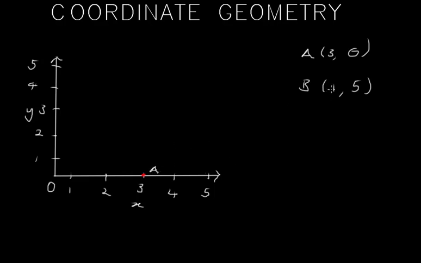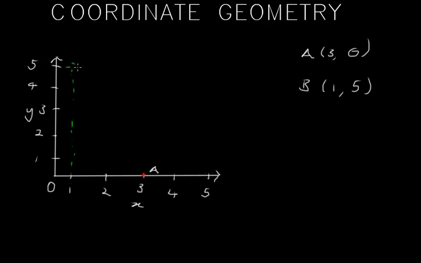And our point B will lie at 1, 5. So our 1 line is there. Our 1 in the x-axis is right here. Okay, and our 5 in the y-axis is there.